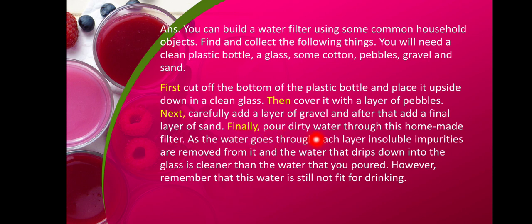Finally, pour dirty water through this homemade filter. As the water goes through each layer, insoluble impurities are removed from it, and the water that drips down into the glass is cleaner than the water that you poured. However, remember that this water is still not fit for drinking.